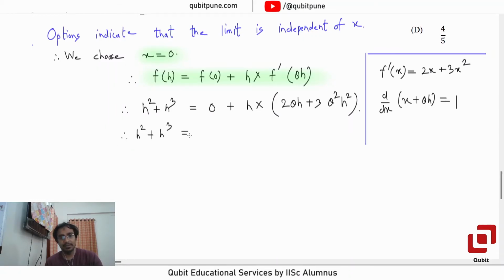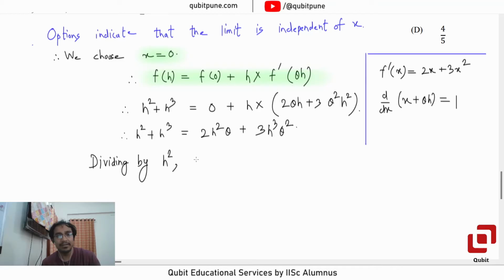Let us now carefully simplify this. h squared plus h cubed equals, take h inside, 2h squared θ plus 3h cubed θ squared, right? θ squared is there, but h squared is already there from the derivative of x cubed being 3x squared. Now we can divide by h squared.